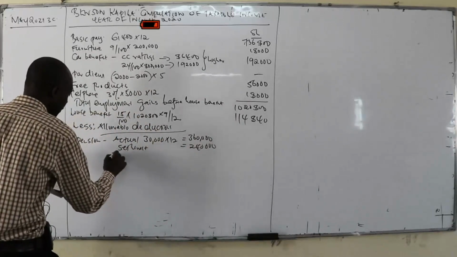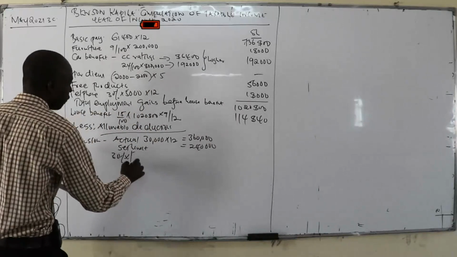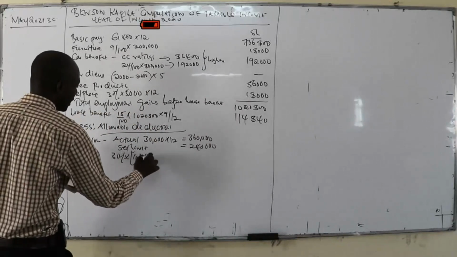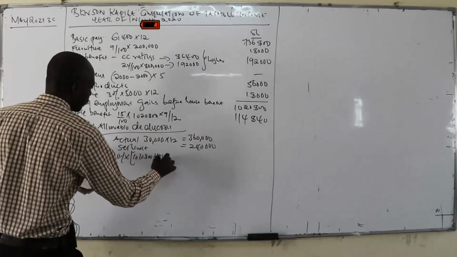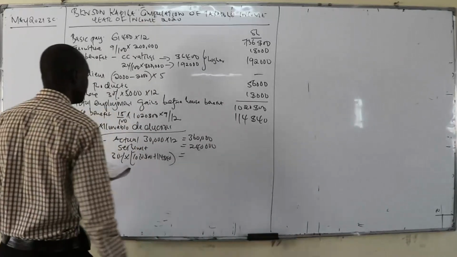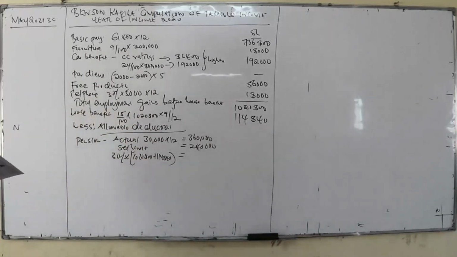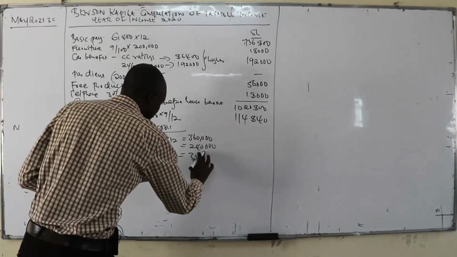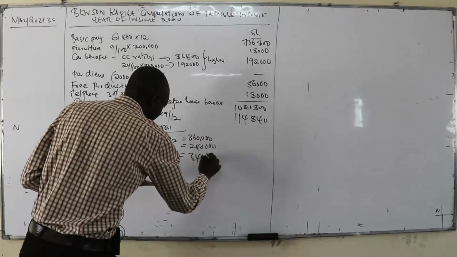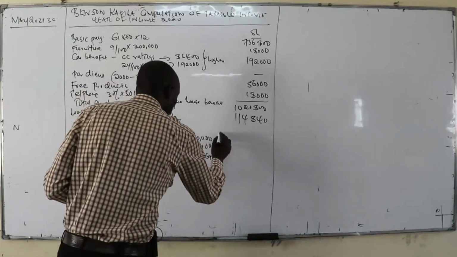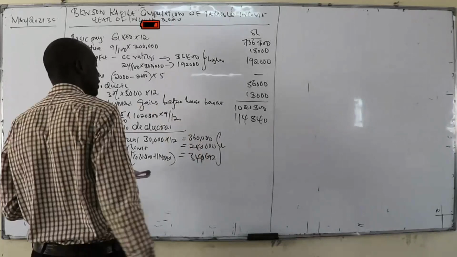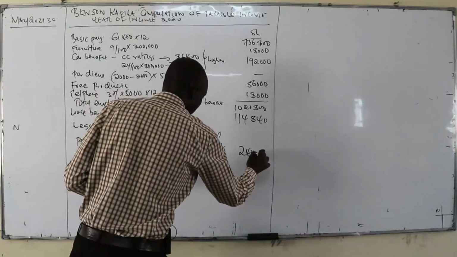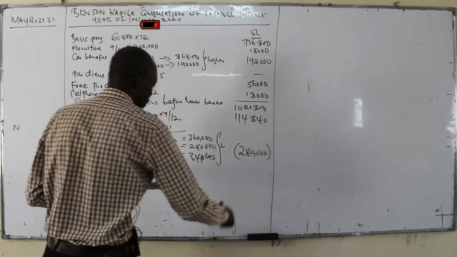And then you take 30% of 1,020,800 plus 114,840, which gives 340,692. Here you pick the lower of the three, which is 240,000. So you put it in brackets like this to show deduction.